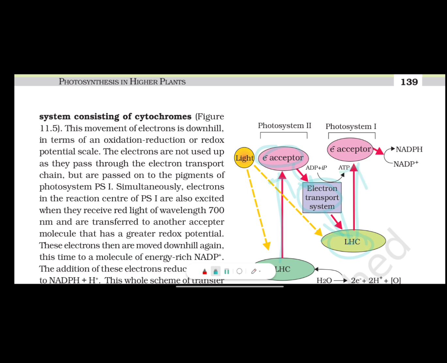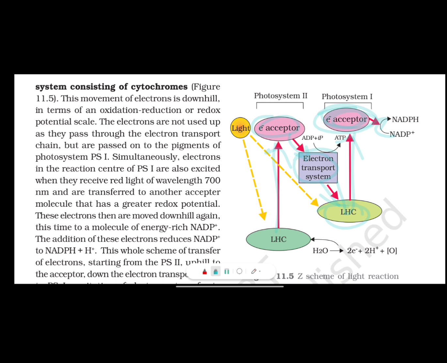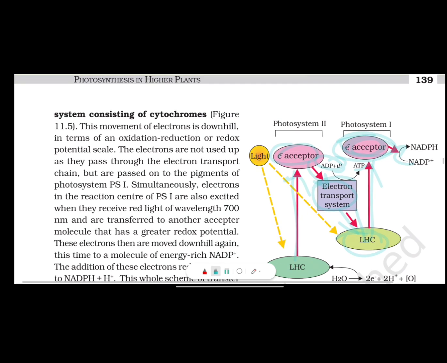It binds to the electron acceptor, and then the process again results in the production of NADPH. And in the first process, ADP is converted into ATP in the presence of inorganic phosphate. Now you all need to know the full form of ATP. What is ATP? Adenosine triphosphate.